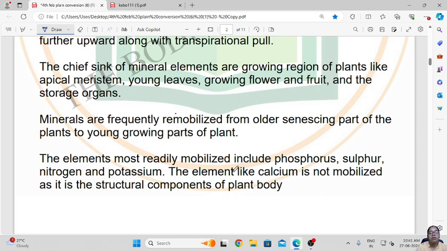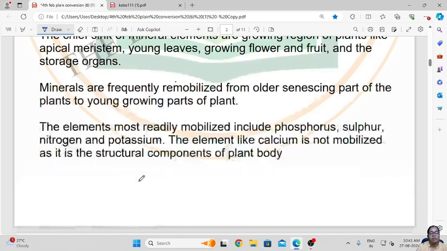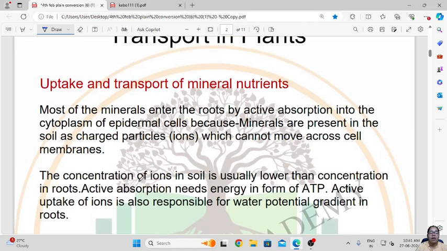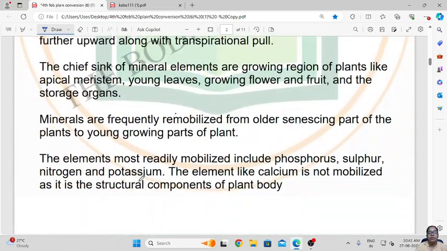So these are the mobilizing elements, that is phosphorus, sulfur, nitrogen, and potassium, which have to be mobilized into the cells. So we have seen that the uptake and transport of mineral nutrients takes place through the xylem tissue.